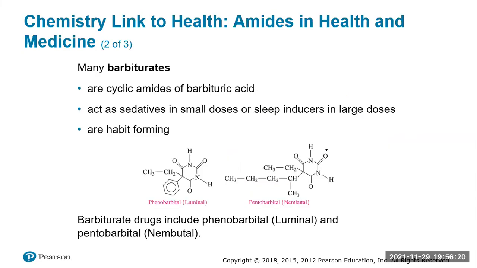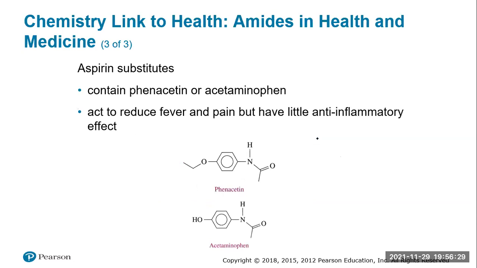We do see our amide group going that way, or the other way, really. And there's another one that's there. Aspirin substitutes also have that amide group happening. And again, here we see it down here.